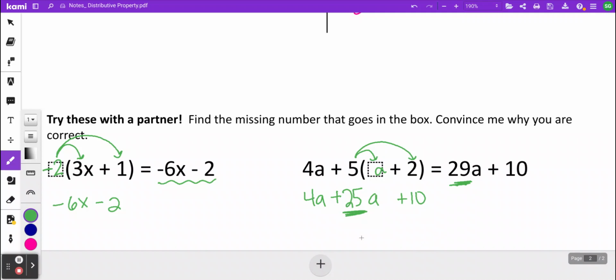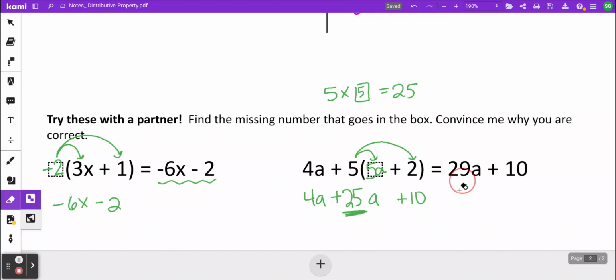So then the last step is we're going to keep working backwards here. If I know this should be 25, 5 multiplied by what would give me 25a? Well, 5 times 5 gives me 25. So that helps me know this missing term right here should be 5a.